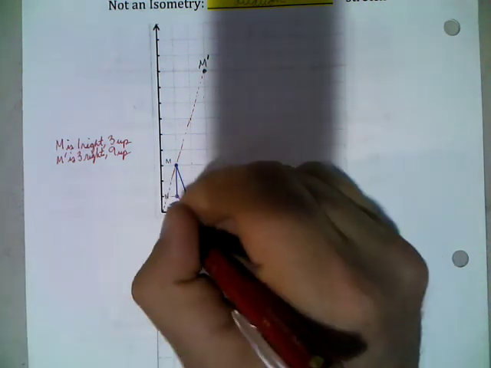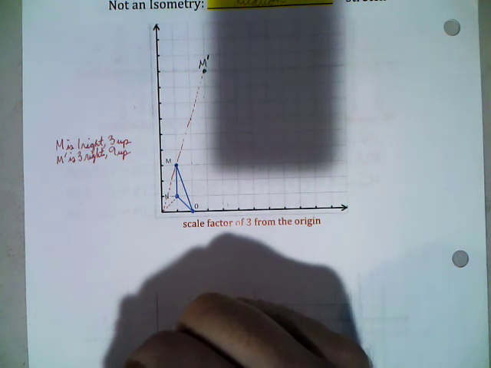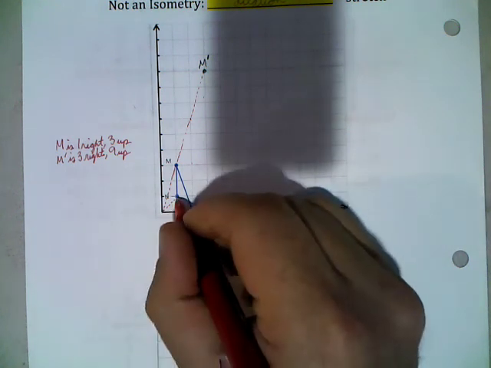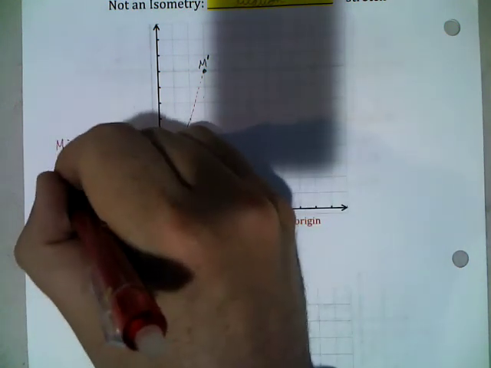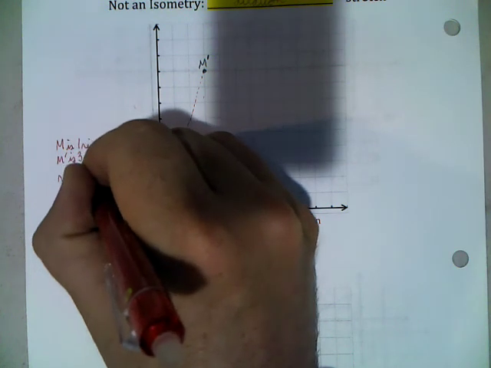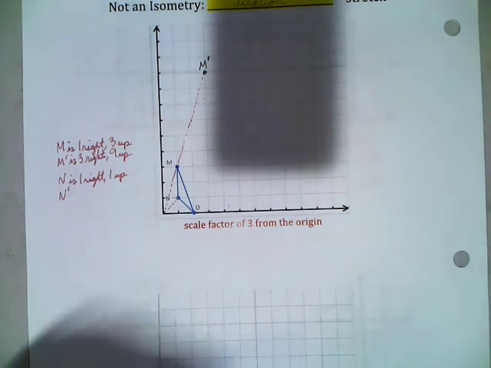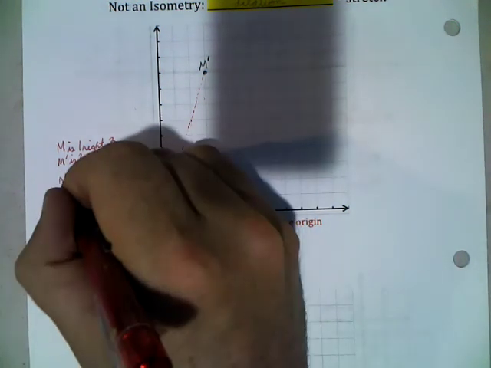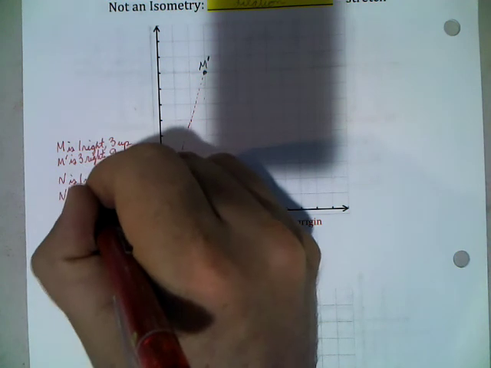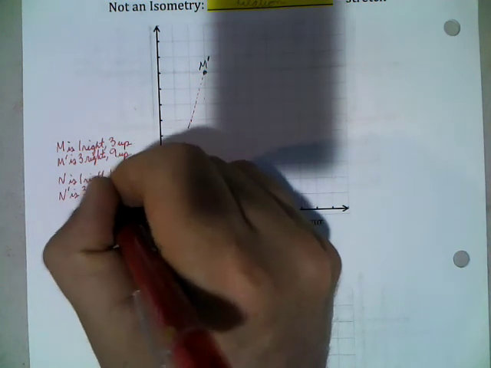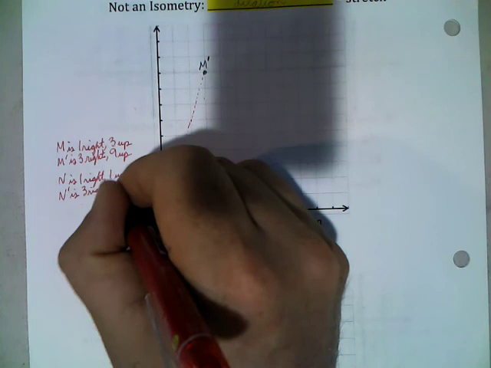So now if I go to N, N is 1 to the right and 1 up. So then N prime is going to be 3 times that. So 3 times 1 is 3, and 1 times 3 is 3.